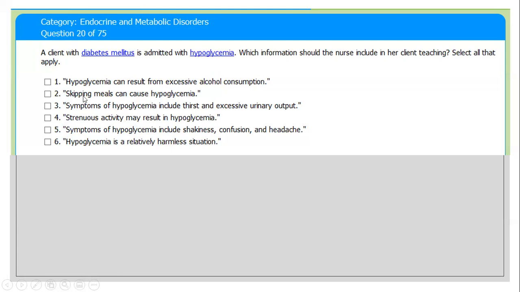Two, skipping meals can cause hypoglycemia. Three, symptoms of hypoglycemia include thirst and excessive urinary output. Number four, vigorous activities may result in hypoglycemia.